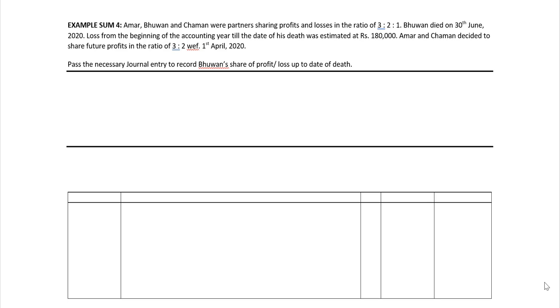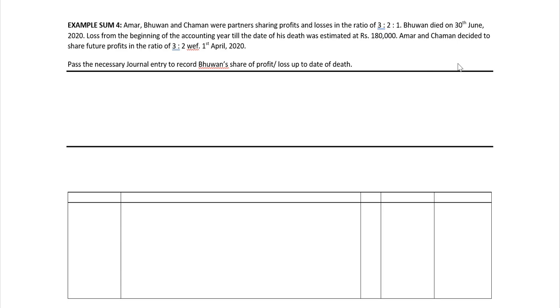Example sum 4. Amar, Bhuvan and Chaman were partners sharing profits and losses in the ratio of 3:2:1. Bhuvan died on 30th June 2020. The loss from the beginning of the accounting year till the date of his death was estimated at rupees 1,80,000.